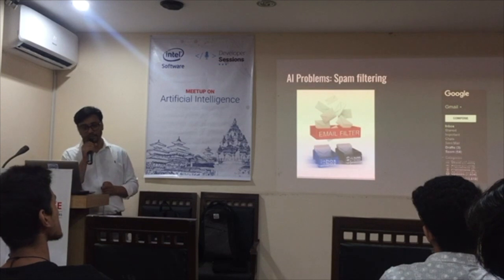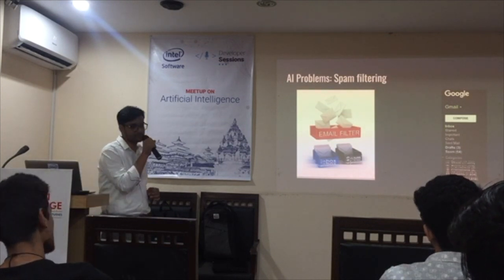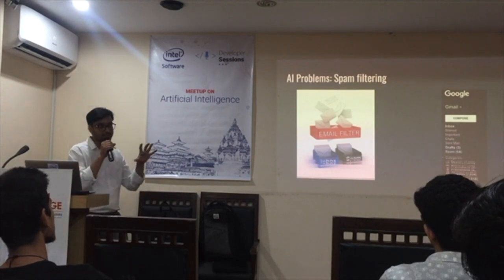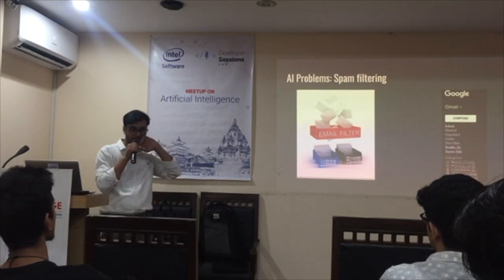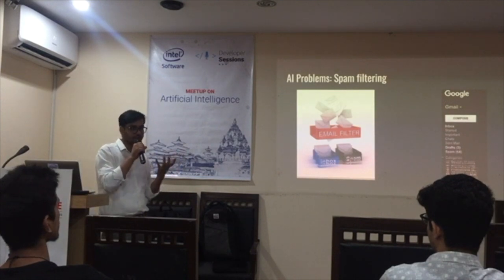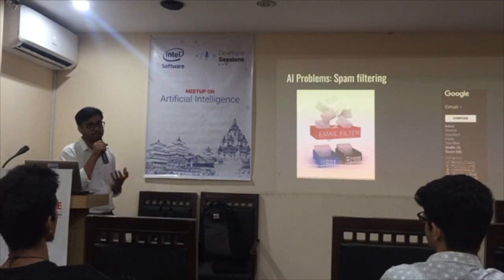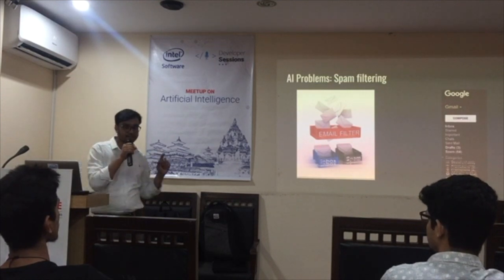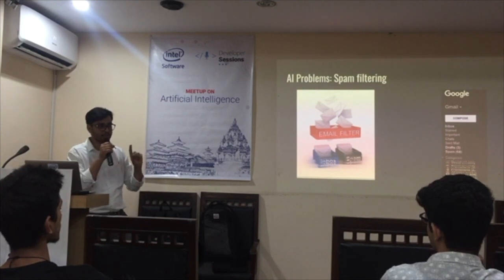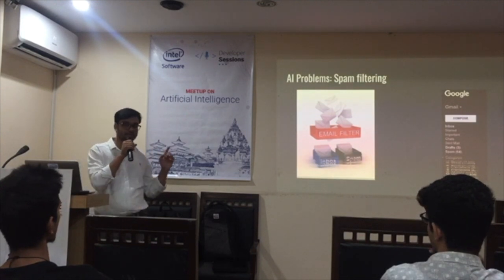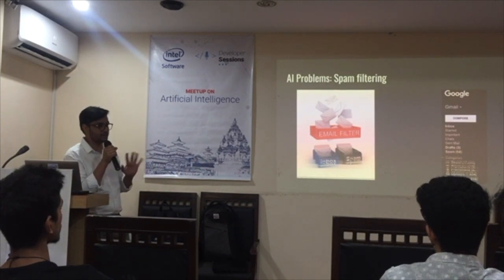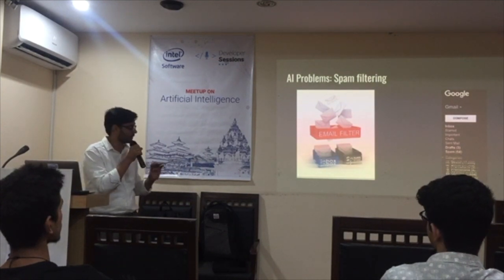So now getting to more complex problems of AI. One of the complex problems of AI is spam filtering. Suppose we have a large number of emails. Suppose we are coming back from vacation and we have not seen the email yet, but now we have lots of emails there, and the task is to find the 20 most important emails for us, and which emails are not actually valid for us, or are spam.